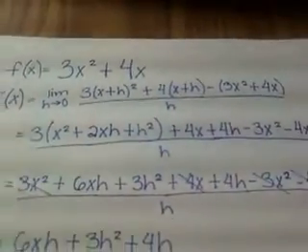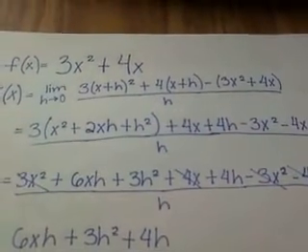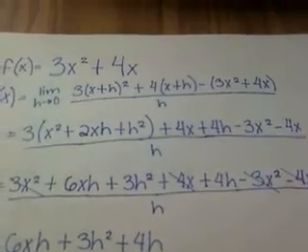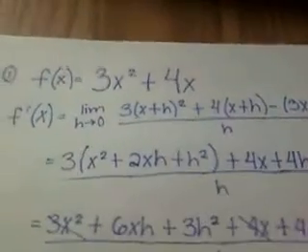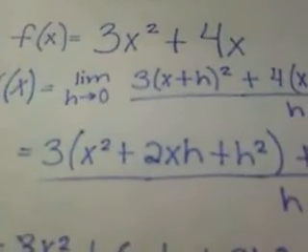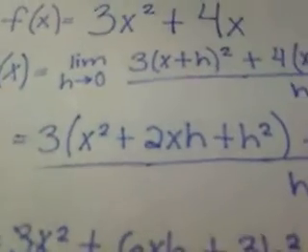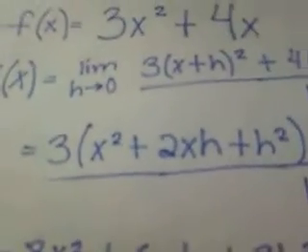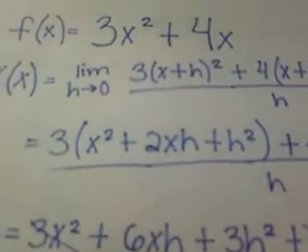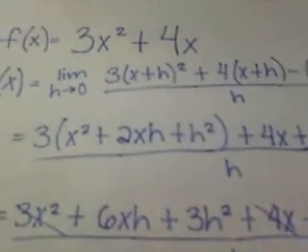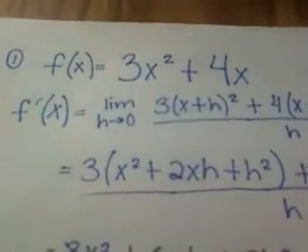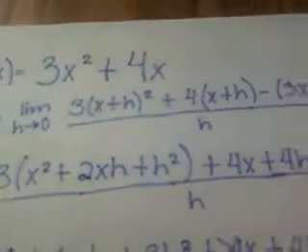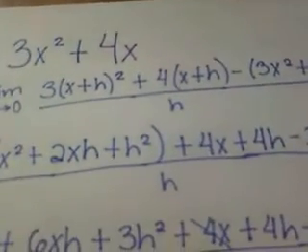We start after we fill in. We start by solving (x plus h) squared, which would be x squared plus 2xh plus h squared. Remember to put the 3 in front; we can't forget that. After that, it's plus.